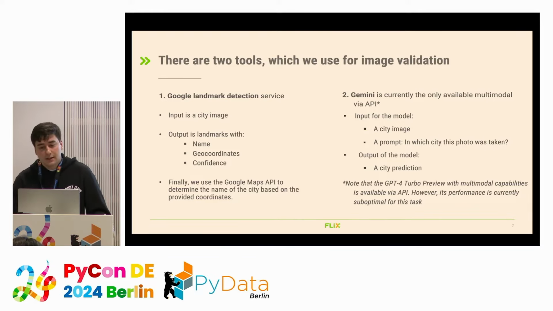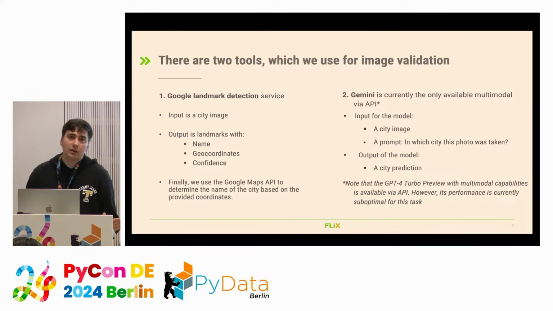Second is Gemini, which I talked about before. I will say currently it's the only multimodal model available via API. Multimodal means that you can simultaneously upload a photo and text via API.